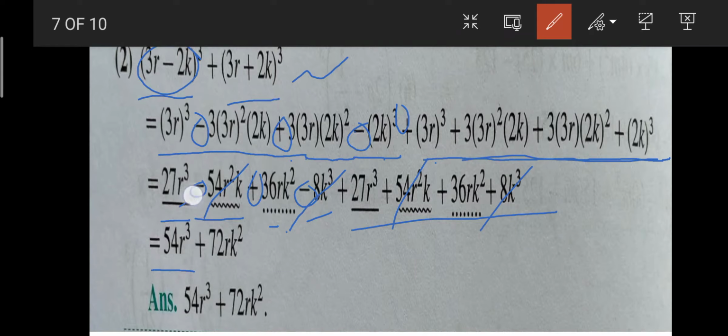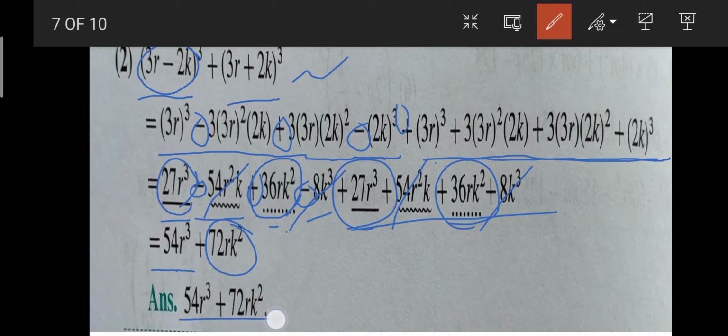We have 27r cube plus 27r cube. So 27 plus 27 gives us 54r cube, and here we have plus 36rk square and here we have plus 36rk square. So when we add 36 plus 36, we get the answer as 72.